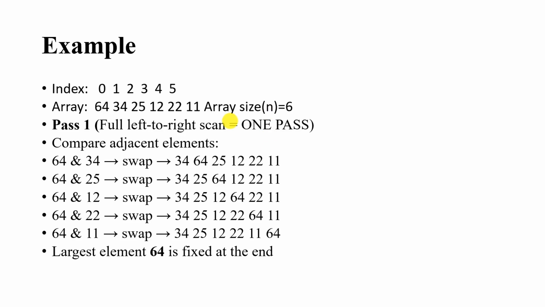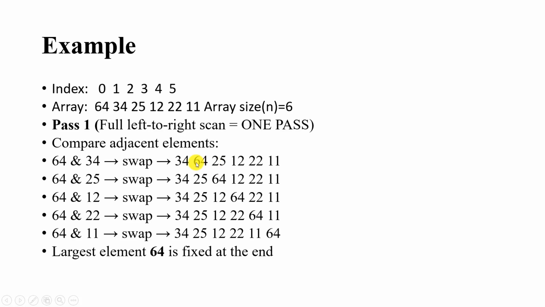After the swap, the updated array looks like 34 and 64. This is the swap. And the remaining 25, 12, 22, 11 we will leave as they are.